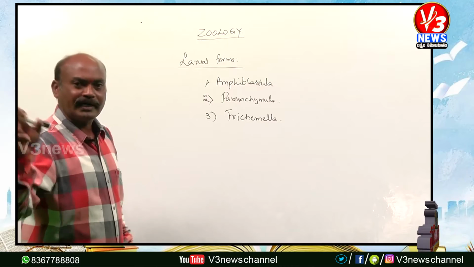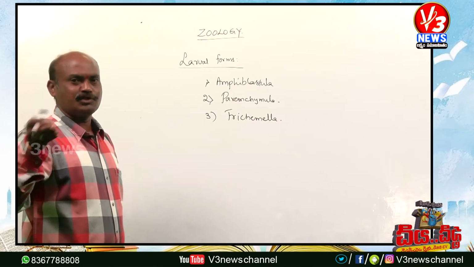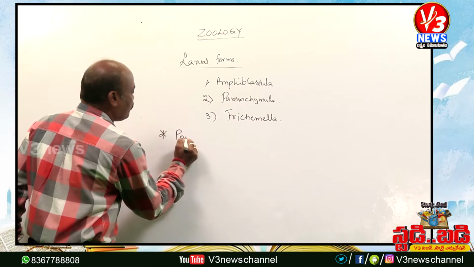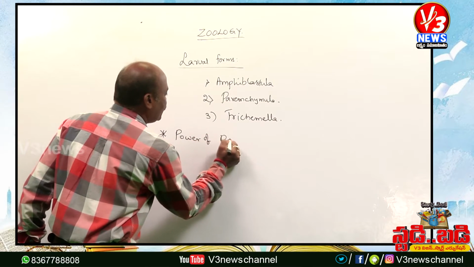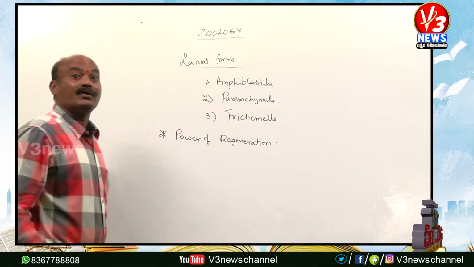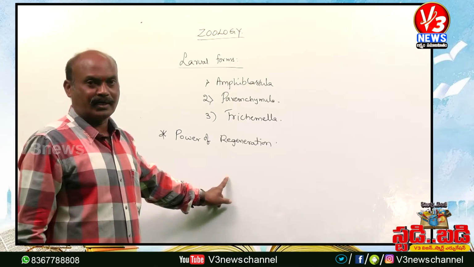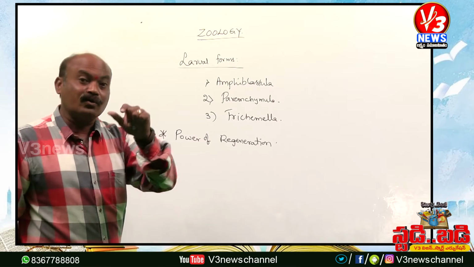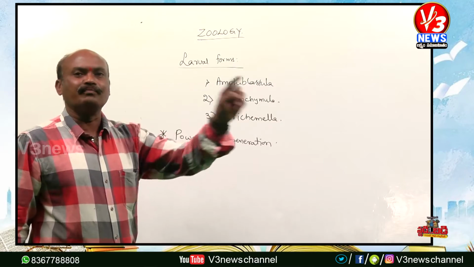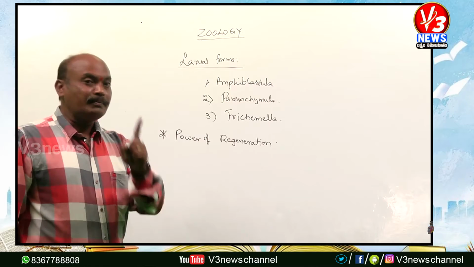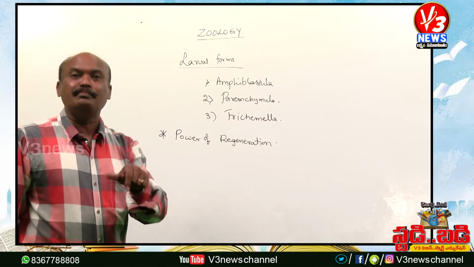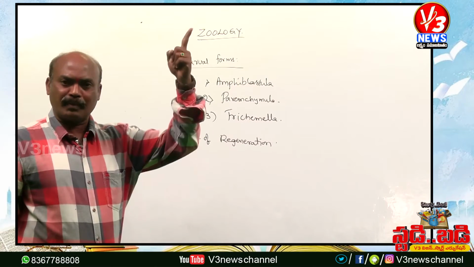One more important aspect regarding sponges: the power of regeneration is well marked. The same point we are going to take in two other phyla. One is the phylum Platyhelminthes, where one class is Turbellaria, commonly called planarians.